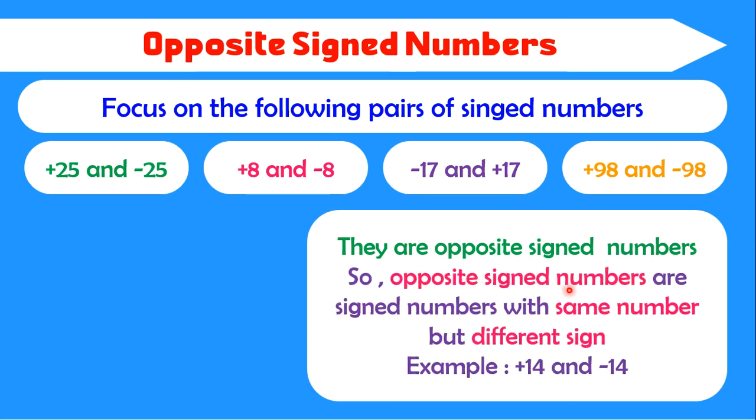So opposite signed numbers are signed numbers with the same number but different sign. For example, here we have plus 14 and minus 14, which are opposite signed numbers. Why? Because this one is preceded by a plus and this one is preceded by minus, and the numbers are the same, 14 and 14.